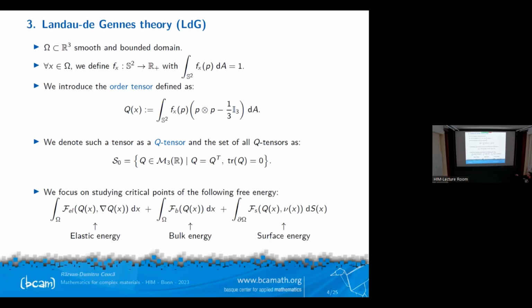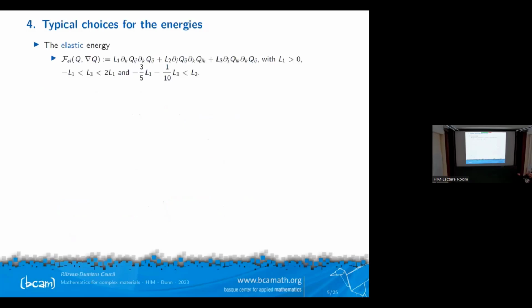Now, let's see what sort of possible choices do we have for these elastic energy, bulk energy, and the surface energy. Well, the typical choice for the elastic energy is this expansion in which we have 3 constants there, L1 and L3, and we have some inequalities such that, okay, we expect to have some partial derivatives of the Q-tensor that we use.